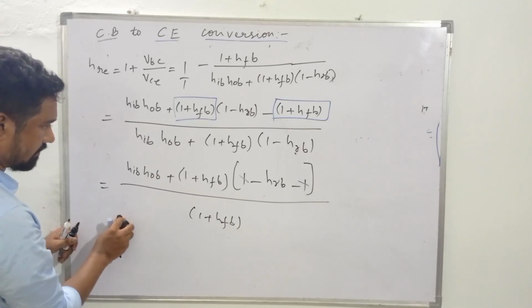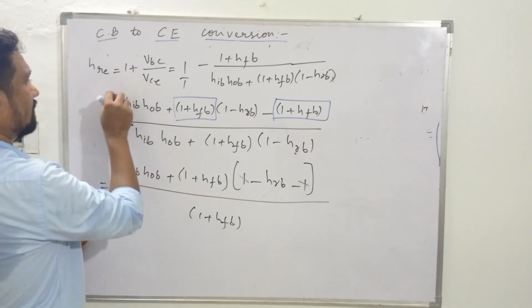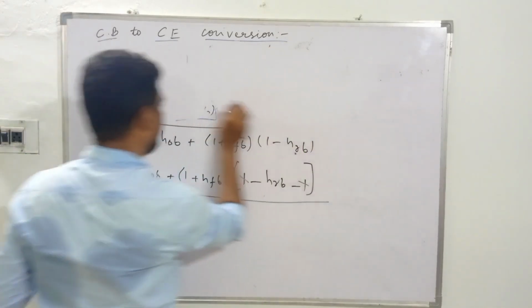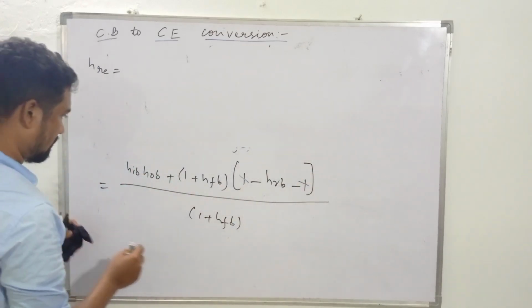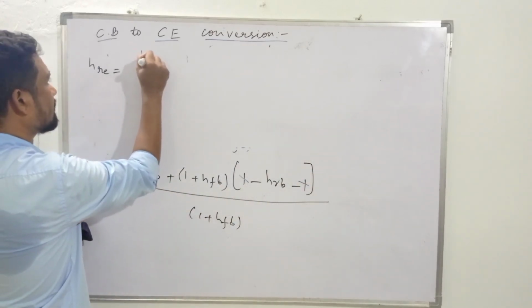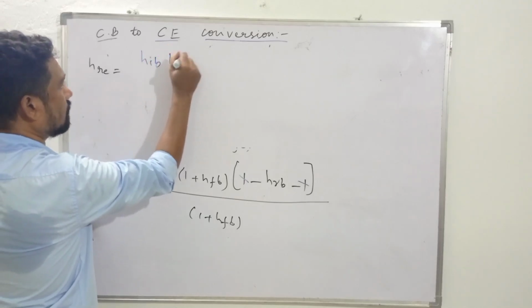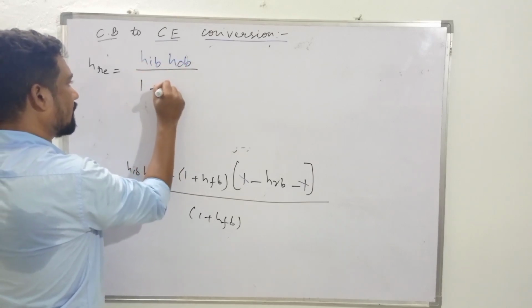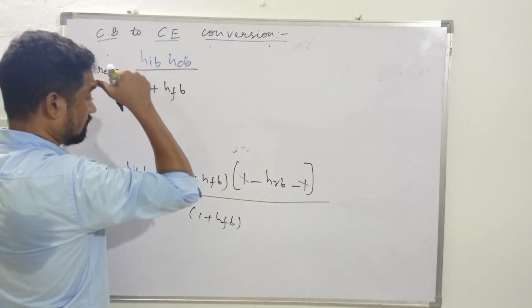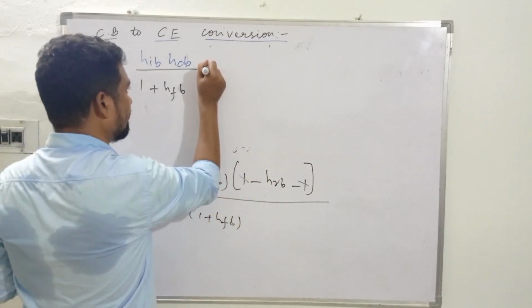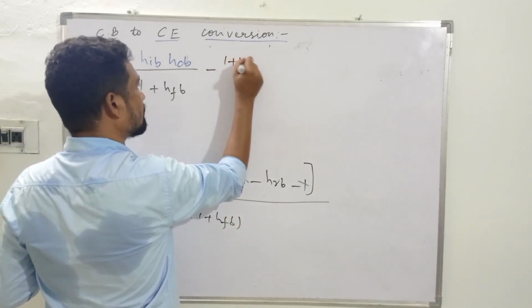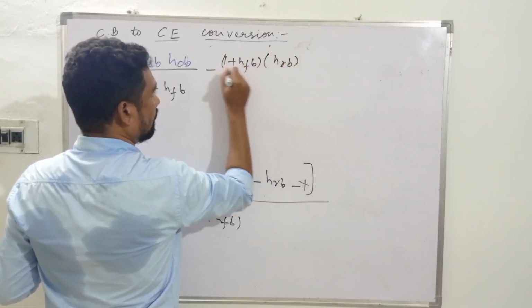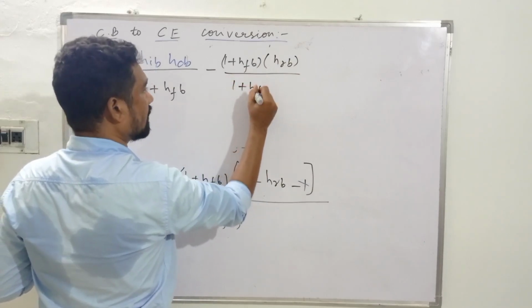All right. So in that case, the final reduction, let me write over here: if this is the case, here it's HIB HOB upon 1 plus HFB, and we have this negative minus 1 plus HFB into HRB by 1 plus HFB.